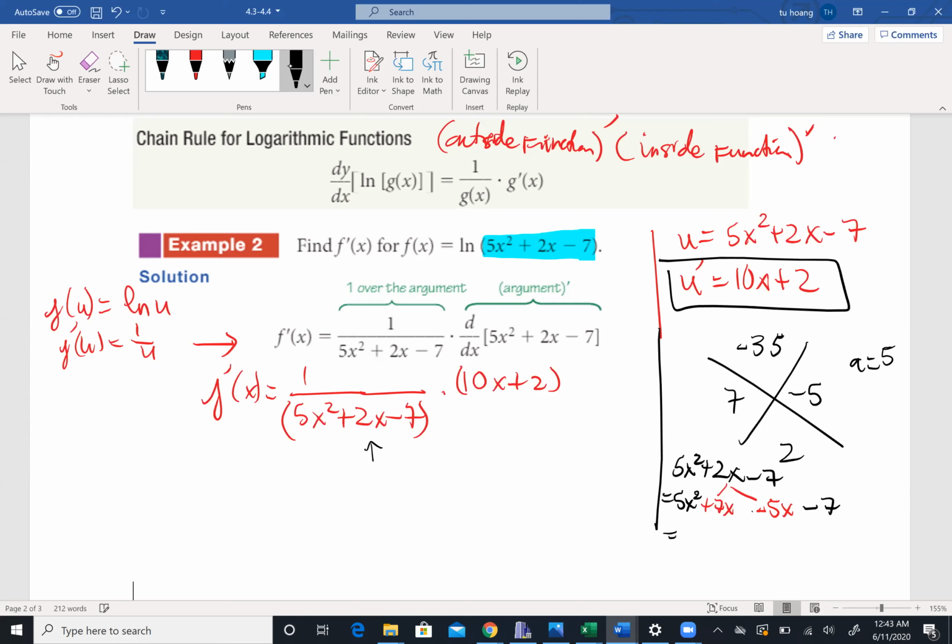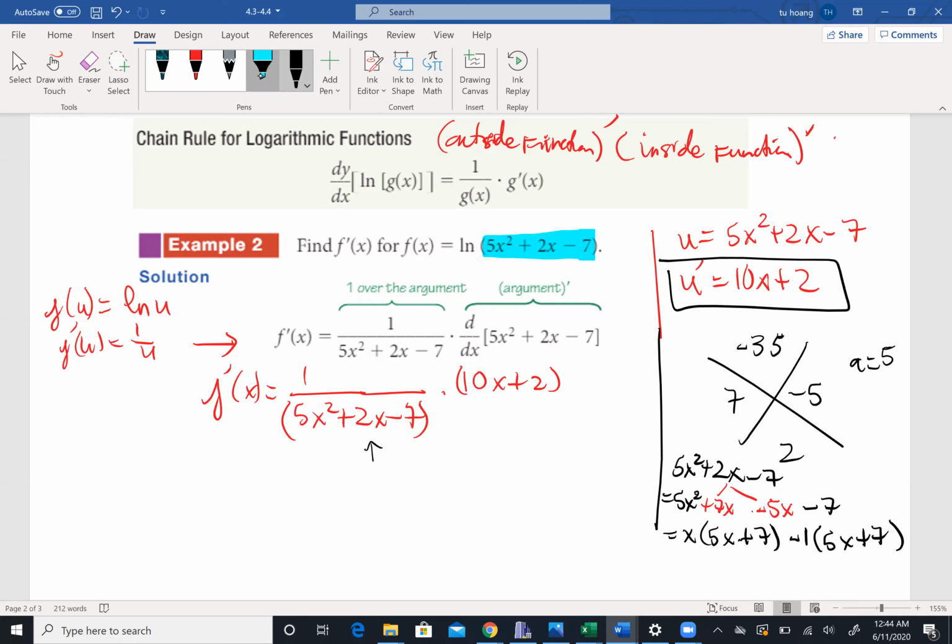The grouping method says I need to factor for each 2 terms here. For the first 2 terms I can factor x out, and I get 5x plus 7. For the second 2 terms, I'm going to factor out the negative 1, and I'm going to get 5x plus 7.